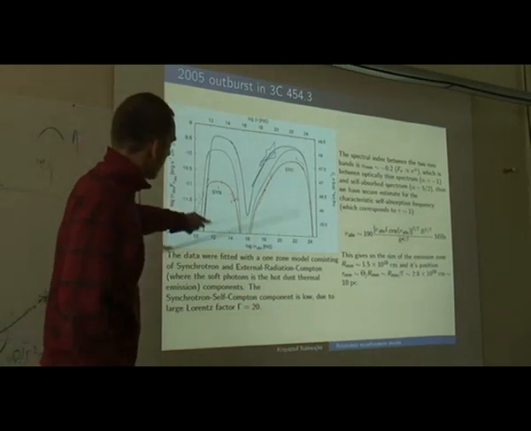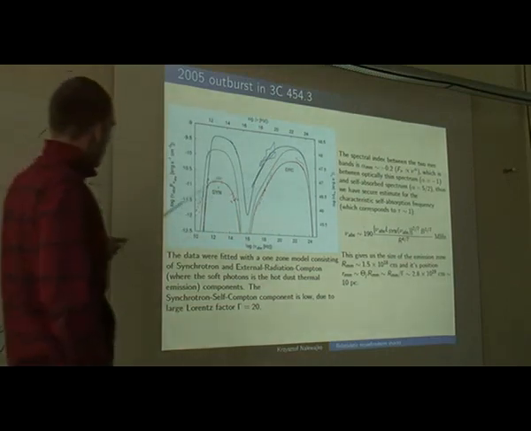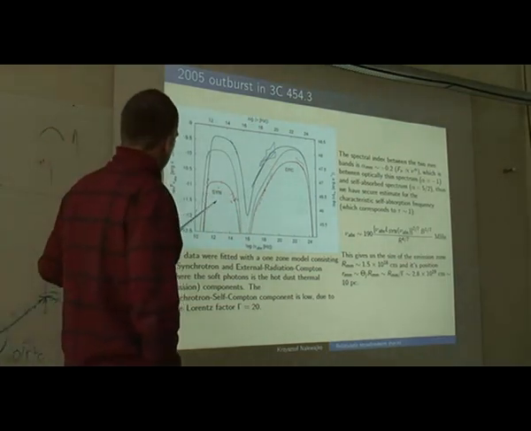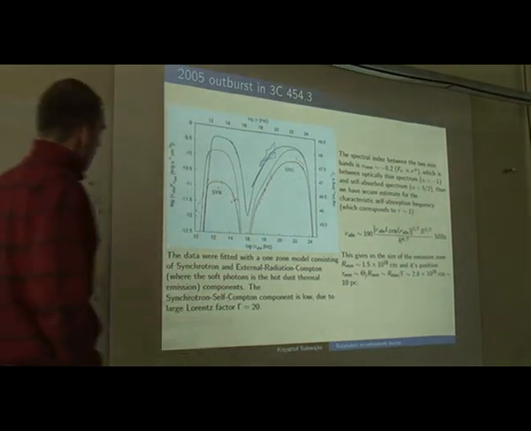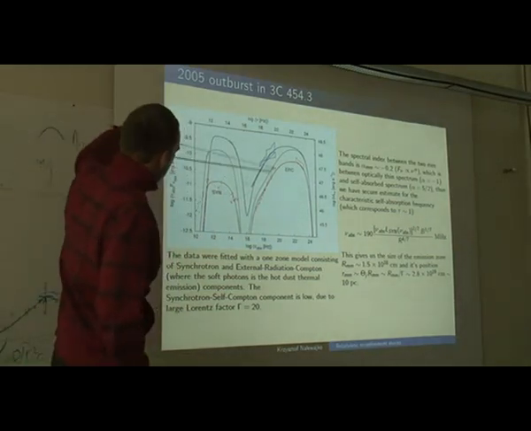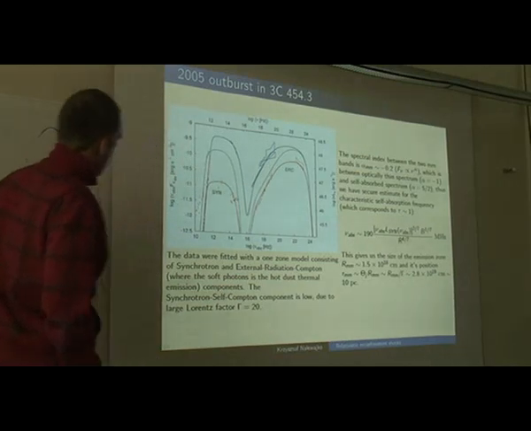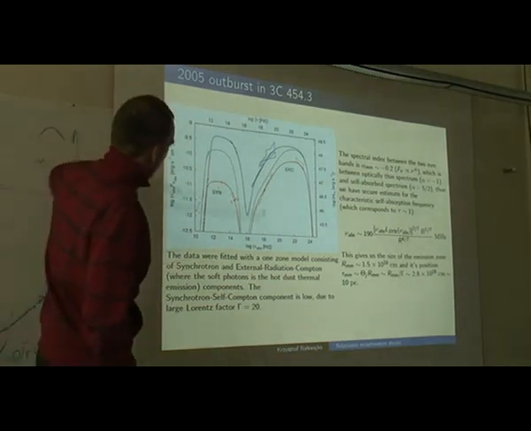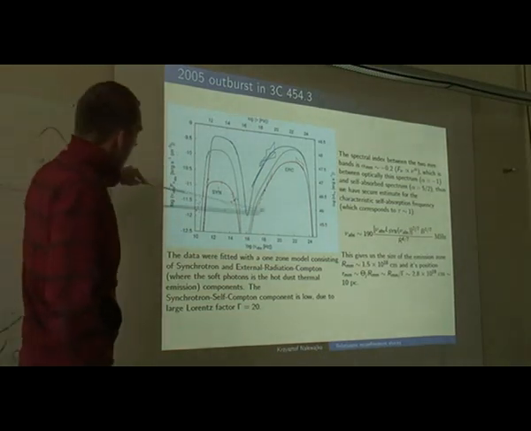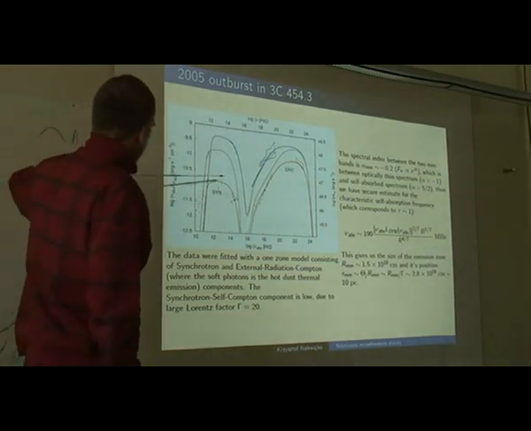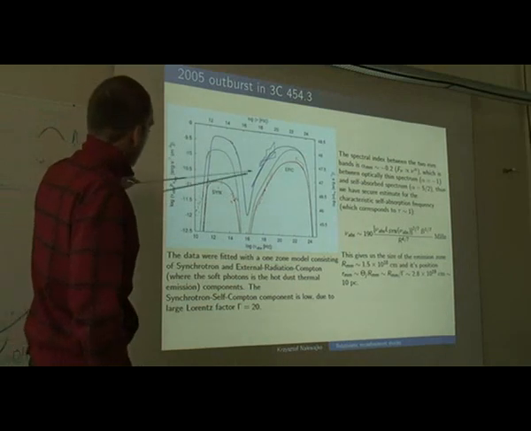quiescent state, there was a model constructed based on synchrotron emission and external radiation Compton. We have very good constraints on the electron spectral index based on the hardness of the X-ray spectrum, and during the flare in 2005, these are the blue data.